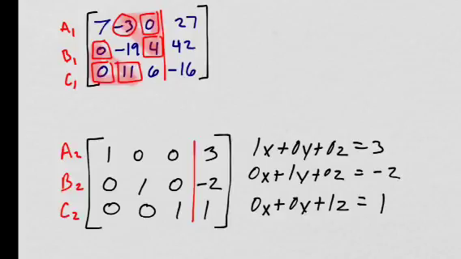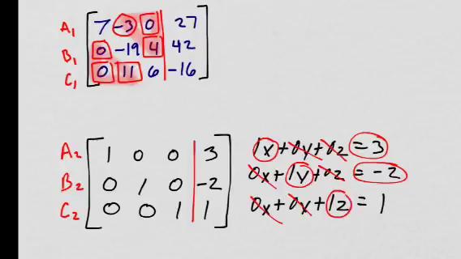And notice in each case we have two zeros, 0y, 0z, cancels out, 1x equals 3. 0x, 0z cancels out, 1y equals negative 2. 0x, 0y cancels out, 1z equals 1. And those are the answers.